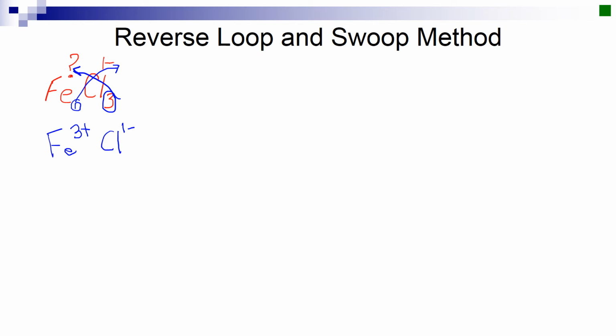And we can check and verify: does our periodic table have a -1 for chloride? Because we always got to check that anion. Well, yes, that's true. It's in group 7. So if that comes out true for chloride, then we know that holds true for iron. And now we write the name for this: iron(III) chloride.